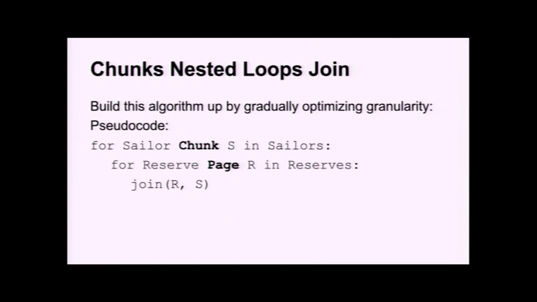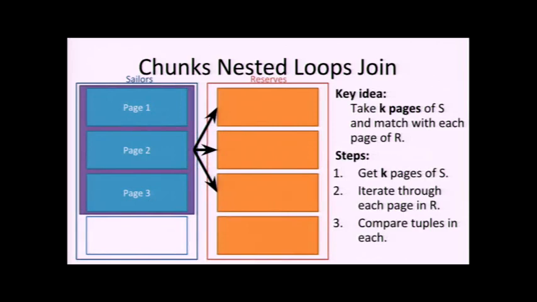Finally, if we can join by the page granularity, why don't we use the rest of memory and join by chunks? And chunks in this case are going to be the biggest chunks of pages we can fit into memory, while having, remember, an extra 2 buffers to perform the joining.